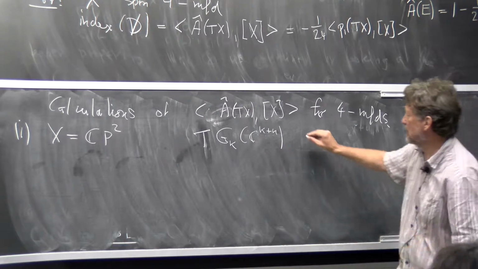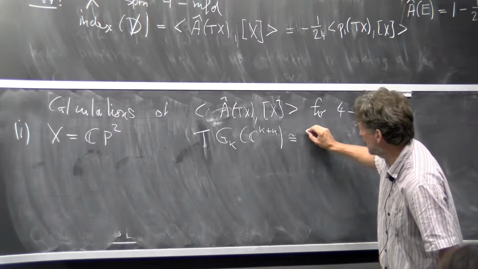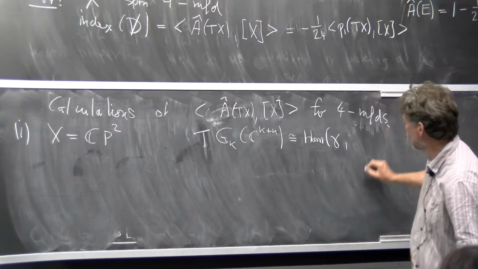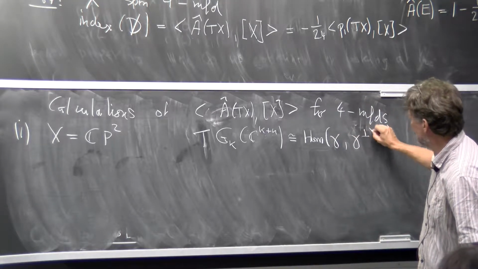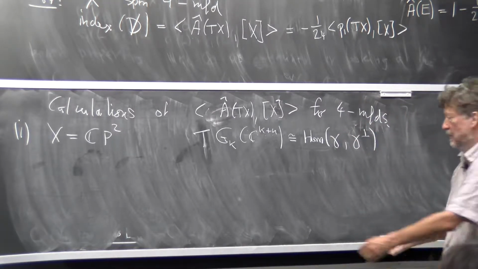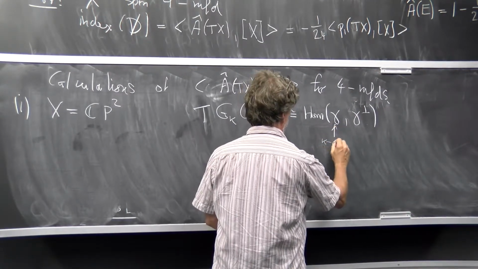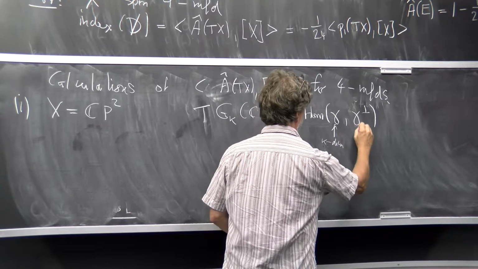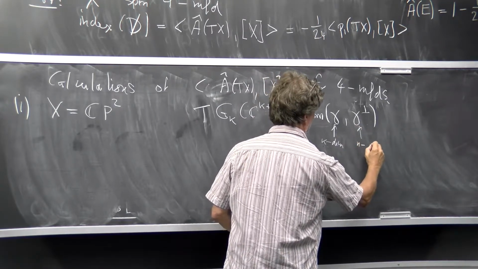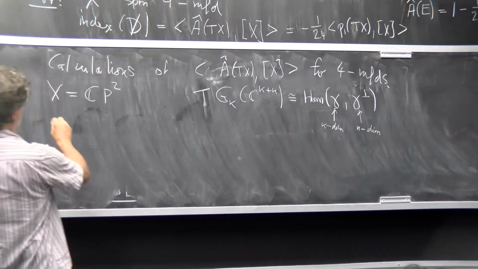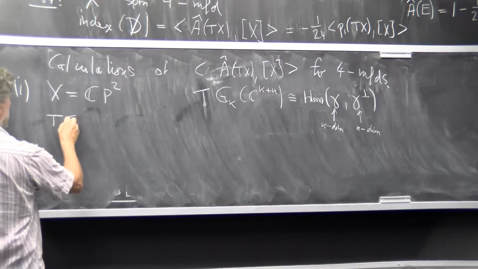And the tangent bundle turns out to be isomorphic to the homomorphism bundle of the tautological bundle into its orthogonal complement. So this is the tautological k-dimensional bundle, and this is the tautological n-dimensional bundle. So in particular, let's apply that to CP2.